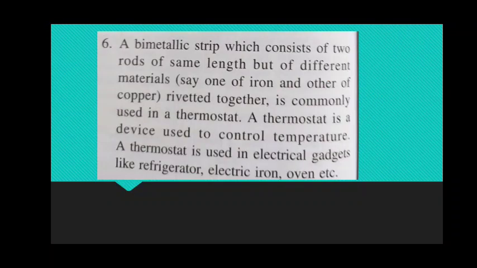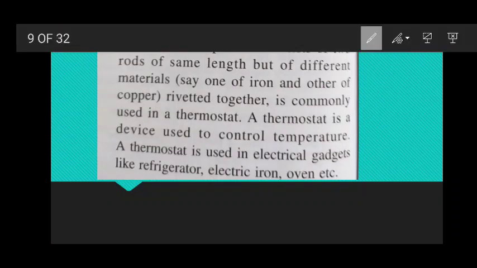Okay. Now the next is a bimetallic strip. A bimetallic strip, which consists of two rods of the same length but of different materials riveted together, is commonly used in what? Thermostat. What is a thermostat then? A thermostat is a device used to control temperature.